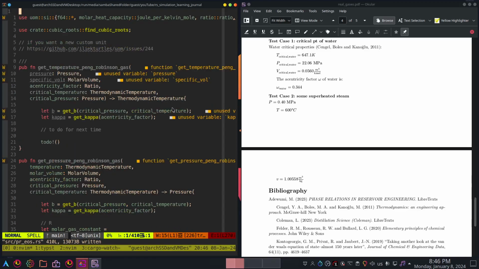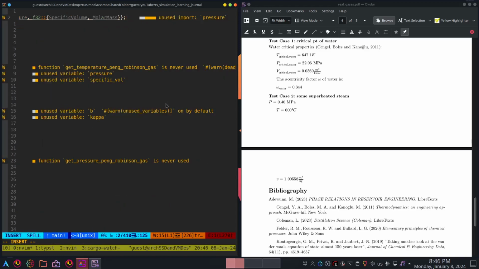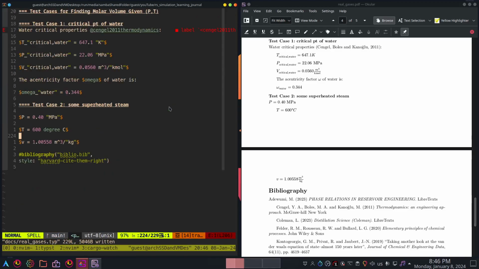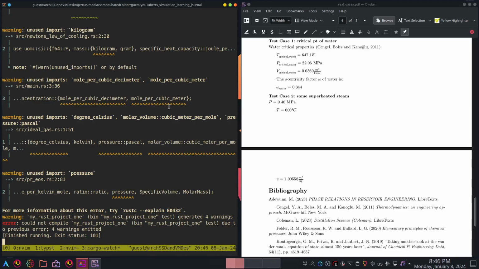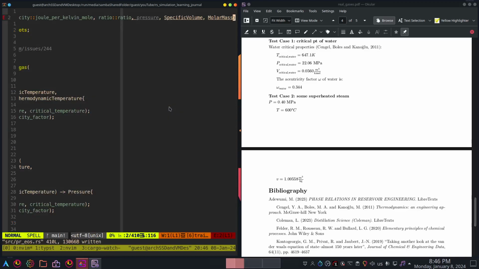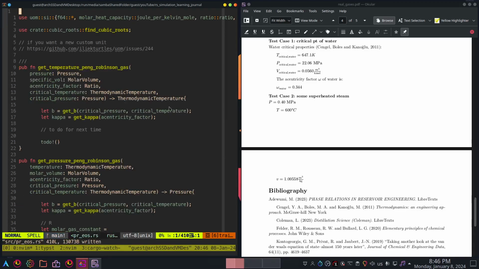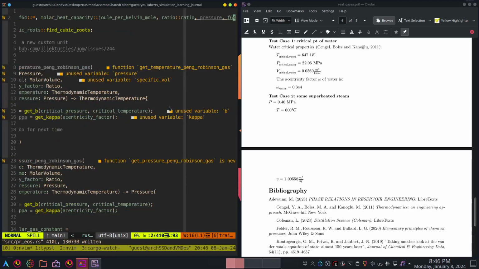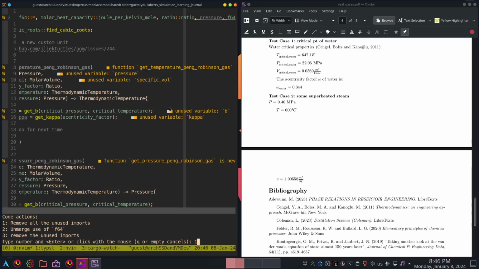Okay, so my imports are messed up. Let's just change this to F64. Okay. Let's remove all the unused imports.